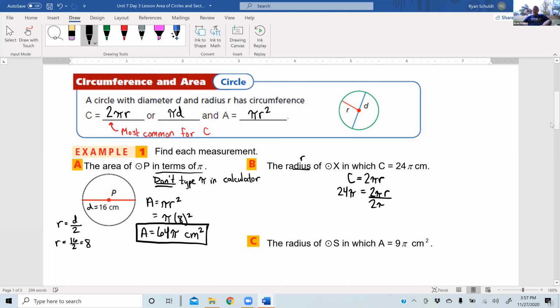Divide by 2 pi. Over here they cancel. Over here on the left, the pi's cancel. And you're left with 24 divided by 2, which is just 12. So your radius, r, is 12 centimeters. There's your answer.